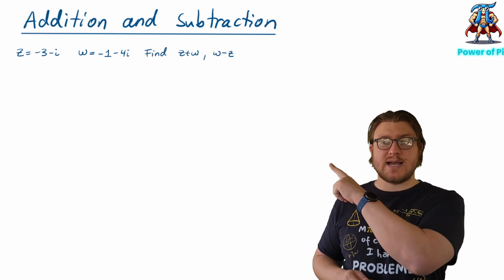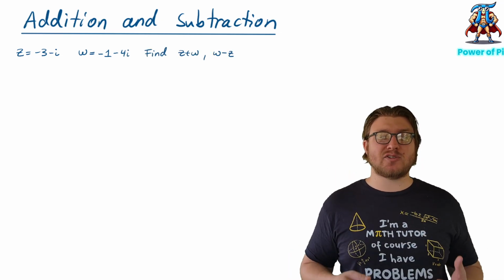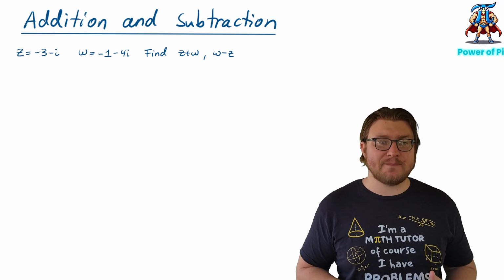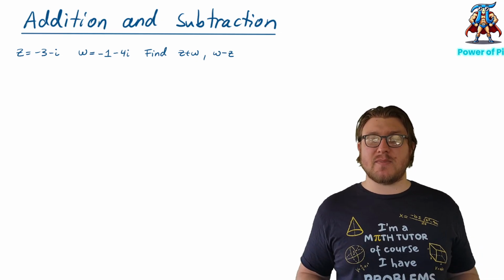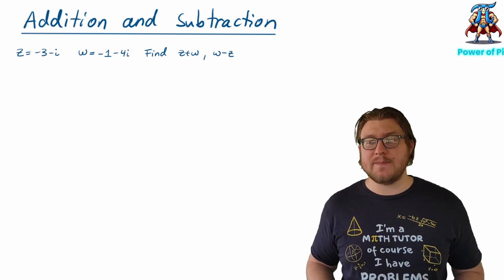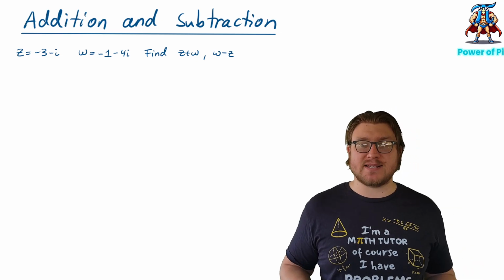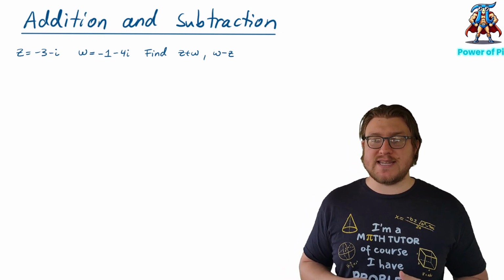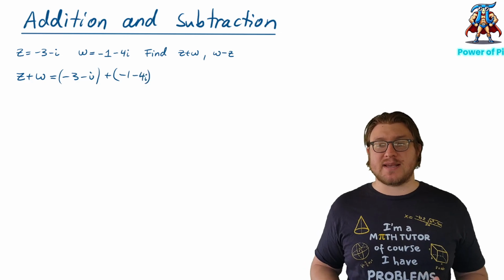So here's an example that is similar to how a question would look in an exam. You've got given z is minus 3 minus i, w is minus 1 minus 4i. Find z plus w and w minus z. Let's start with z plus w.